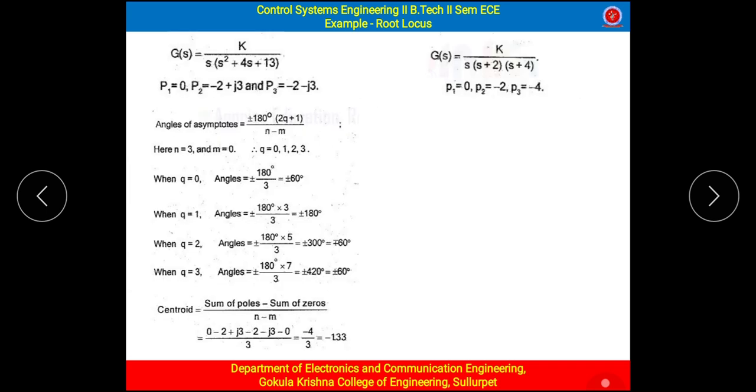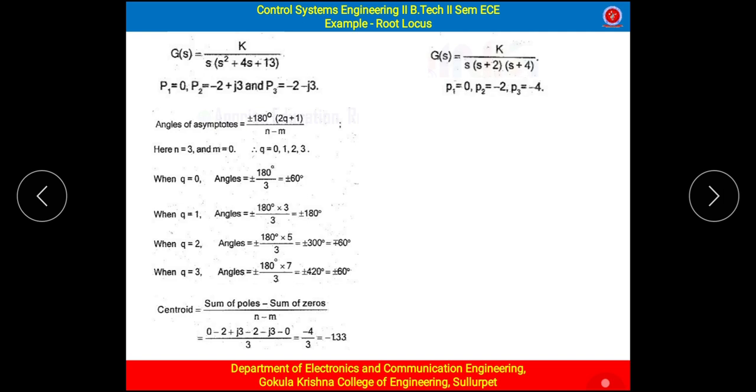In the case of the first example, we know P1 is equal to 0, P2 is equal to minus 2 plus 3j, and P3 is minus 2 minus 3j. The angle of asymptotes, as we discussed, is plus or minus 180 (2q plus 1) by n minus m.